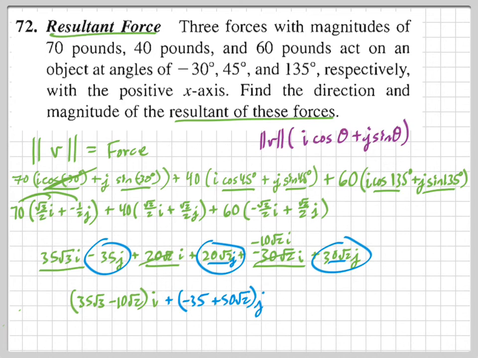Just kidding. But if you did get to that point, you did it right. We're going to have to find the magnitude and the directional angle. So you take this and square it, and this and square it, add those, and square root it.